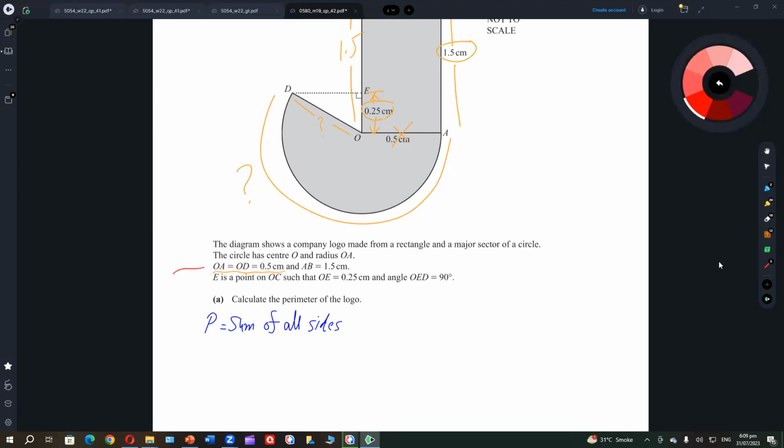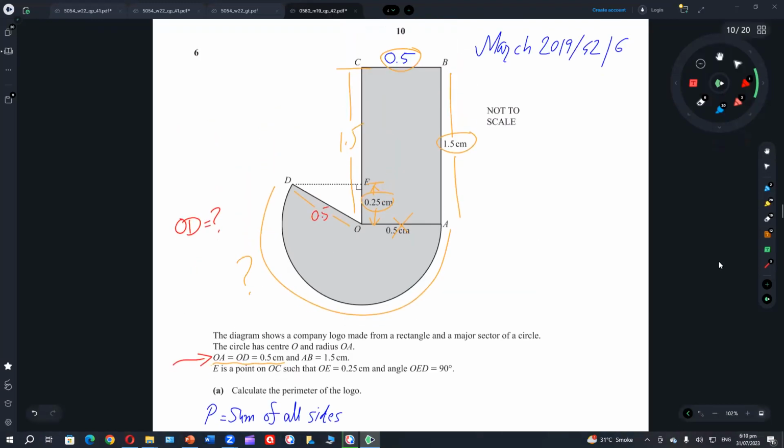I have made an arrow here for you, so you can tell me what is OD. OD is 0.5. Good. So you get the idea that step by step, you should try to get all the sides. I got this 0.5.